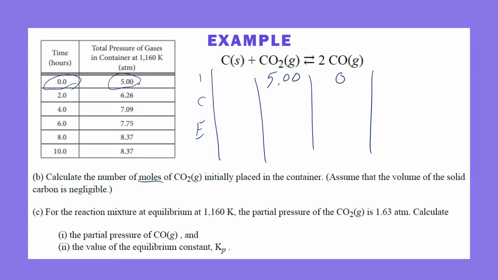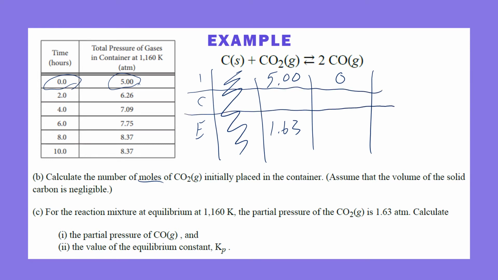The solid doesn't affect our equilibrium position. And then at equilibrium, the pressure of the CO2 is 1.63. So because we have an initial and an equilibrium value, that's how I knew to use an ICE chart. We don't know the pressure of the carbon monoxide, that's what we're looking for.